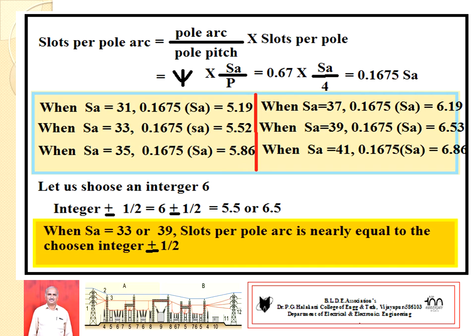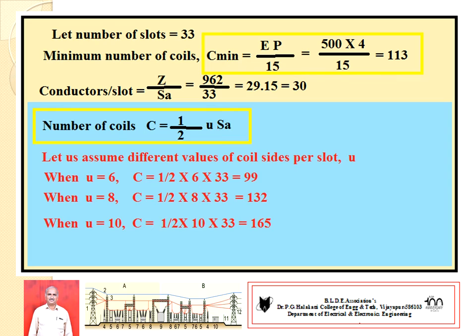This condition exists again when armature slots equal to 33 or 39. Let the number of slots equal to 33. One value we have to select. Minimum number of coils. Next design.